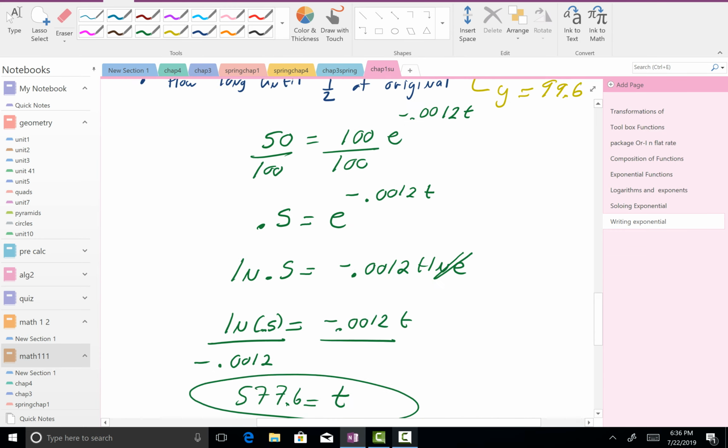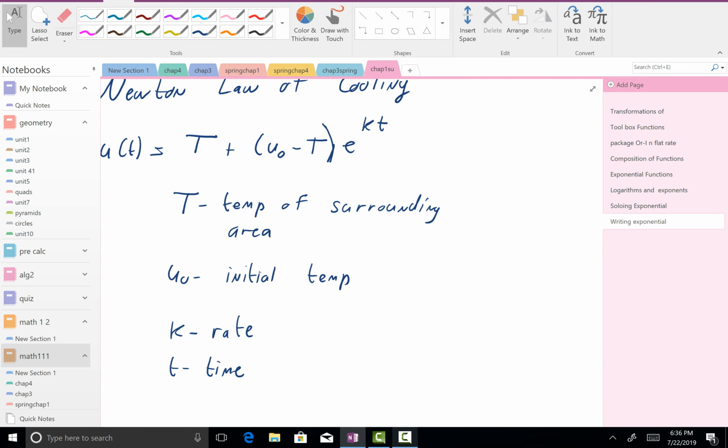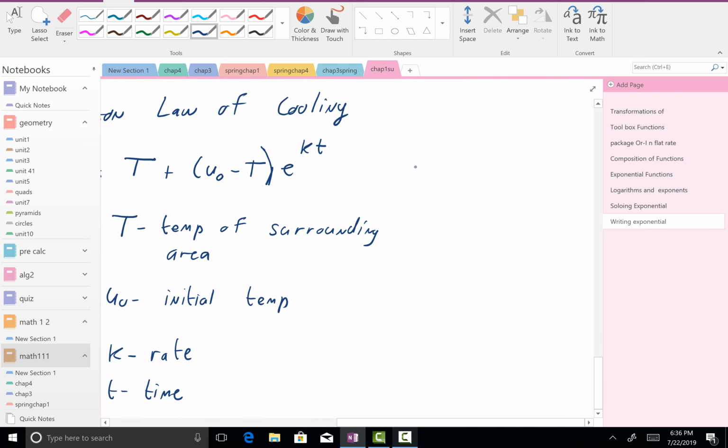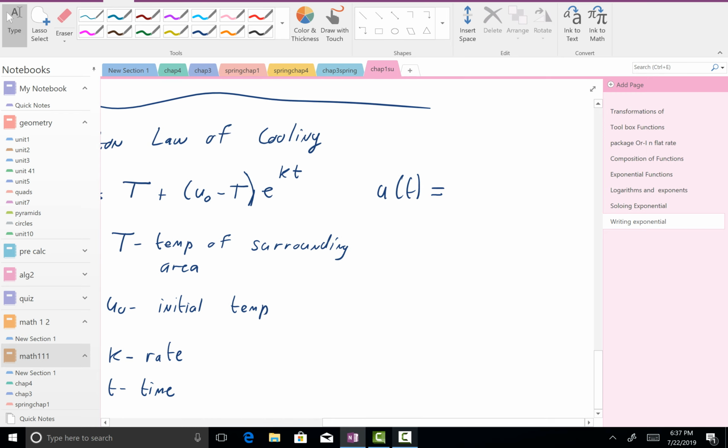So I'm going to try to write an equation for our data that we collected here. All right, so I've got u of t is equal to capital T. So let's see, that was in Celsius. So I'm just going to assume that's probably about 68 maybe degrees in here. So I think that's about 20, maybe 20 is more like 70.